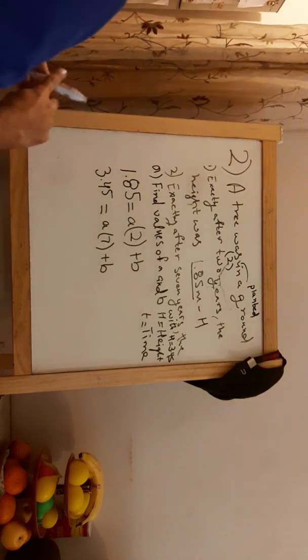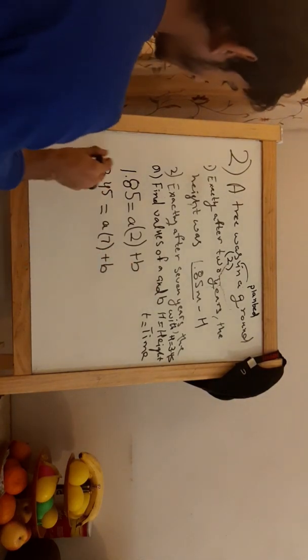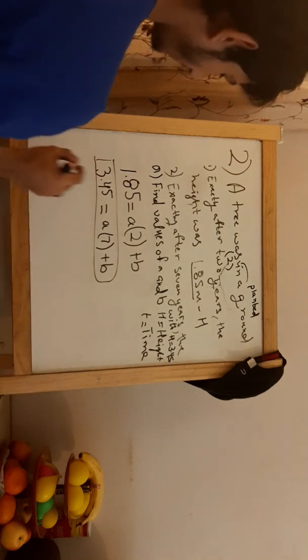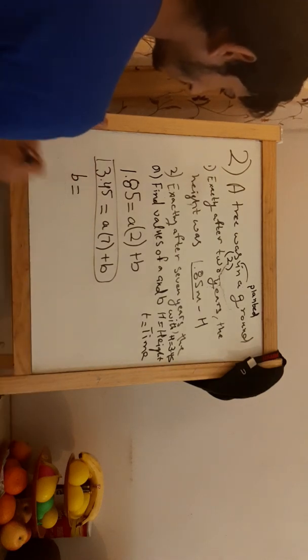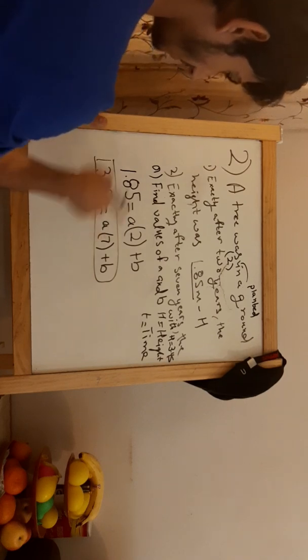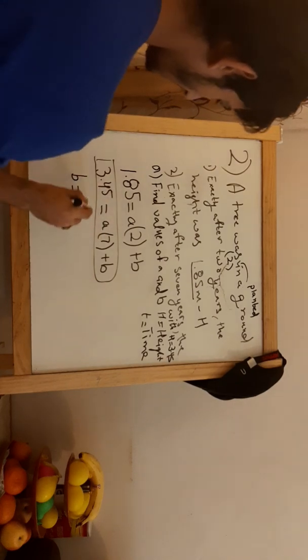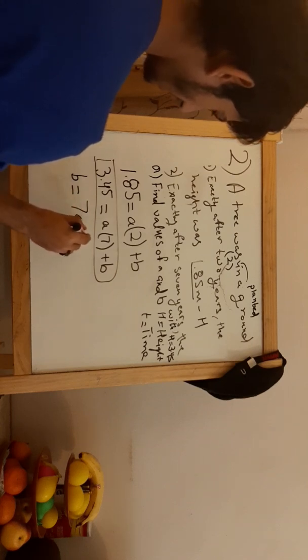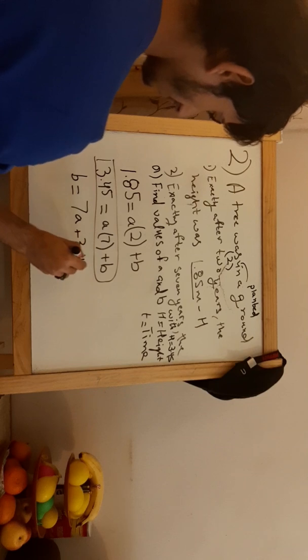Let's take this one. It will be b equals 3.45 minus 7a.